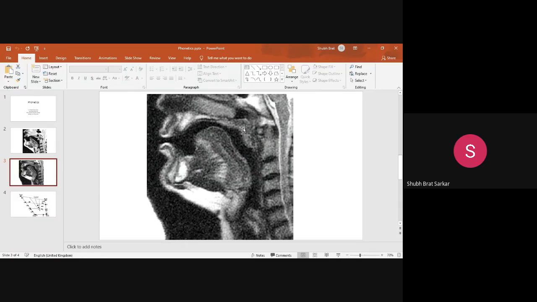Number 1, open. Number 2, above open. Number 3, between half open and half close. Number 4, below close or half close. And number 5, close.